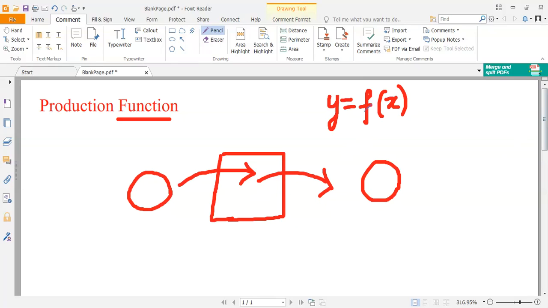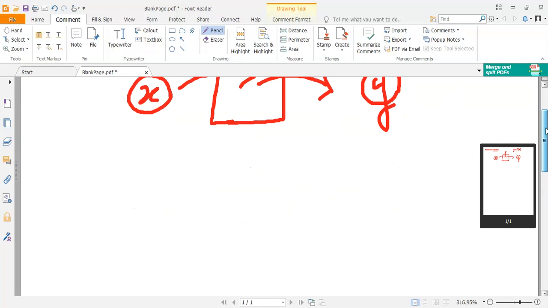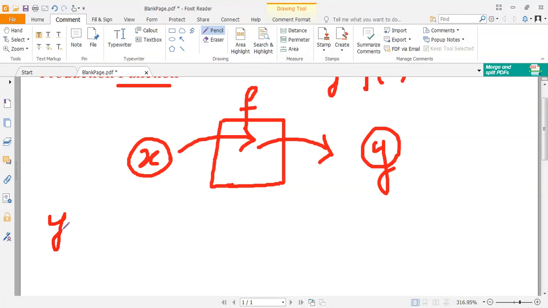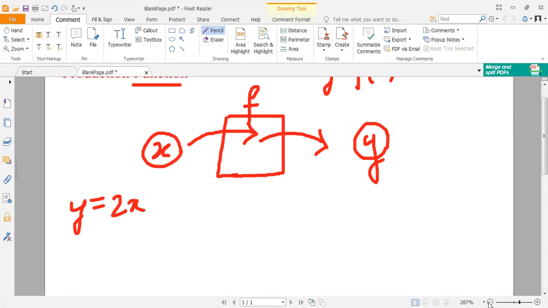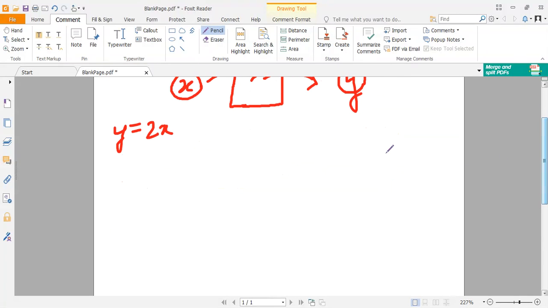So when we talk about this, f is actually the machine, and x is the input. This is the input that we provide to the machine, and it pops out different values of y for those values of x. Let's say we are talking about a function y equals 2x. Then my machine looks like this.